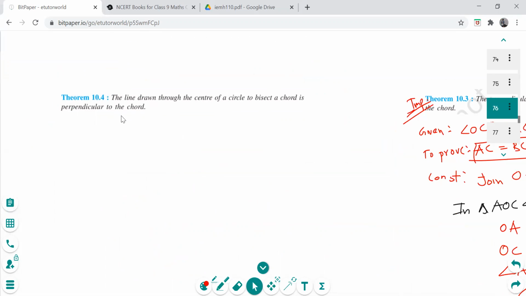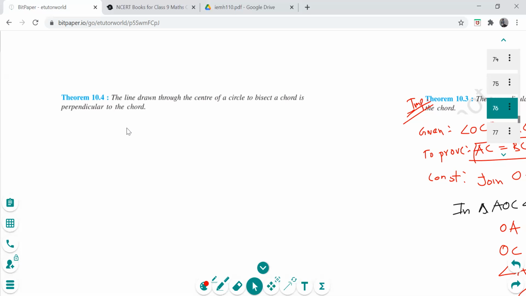Yes, what's the converse of this theorem? Okay sir. What's the converse? Can someone explain to me?